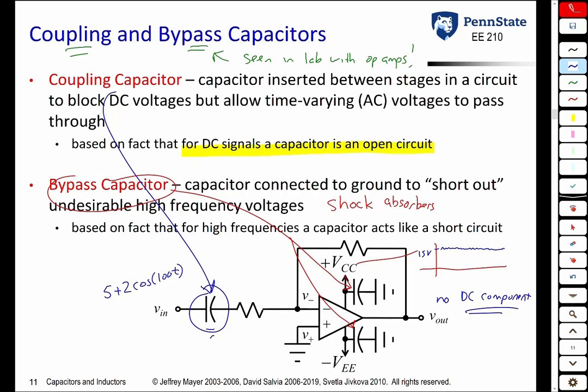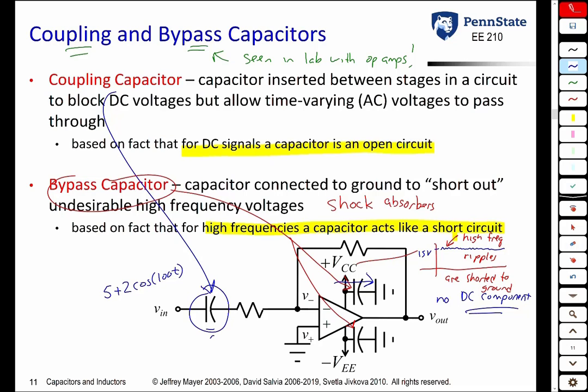What happens now, remember, the capacitor is a DC open circuit, but for higher frequencies, a capacitor acts like a short circuit. What this means is that the variations, the high frequency ripples, are shorted to ground. So the high frequency ripples have a path through the capacitor to ground.